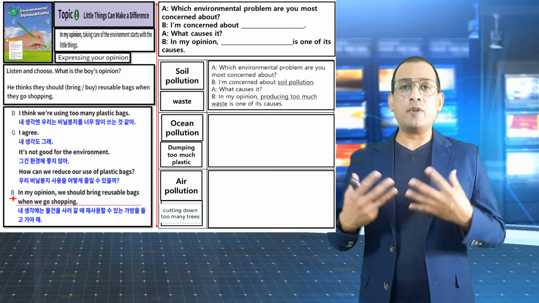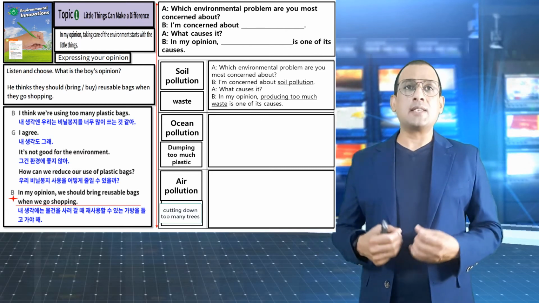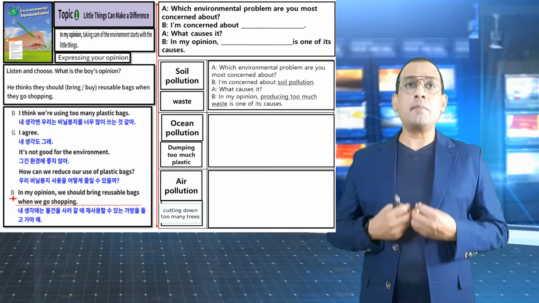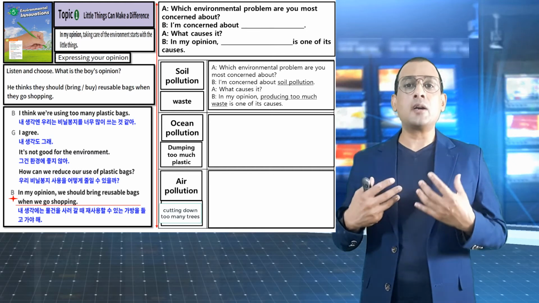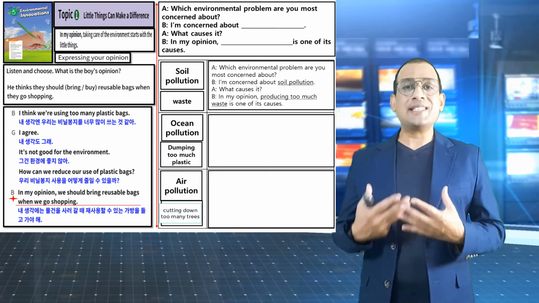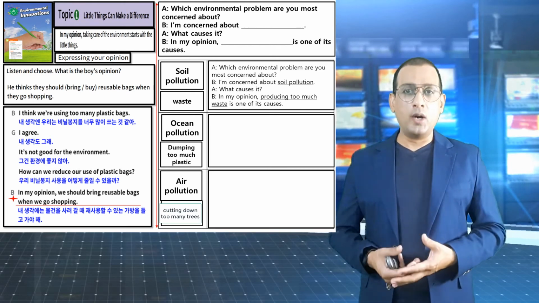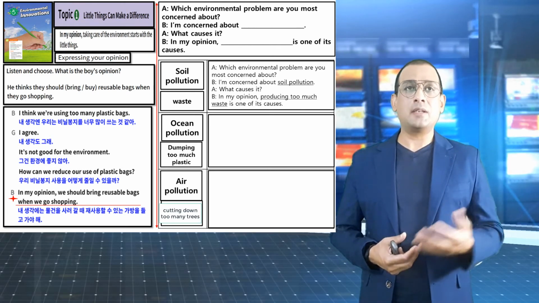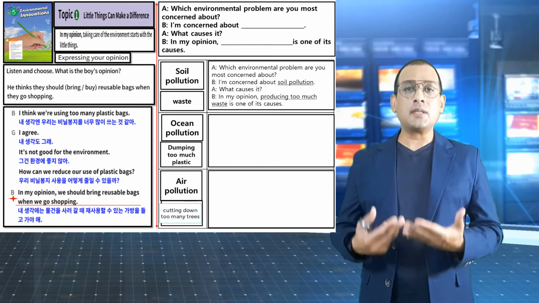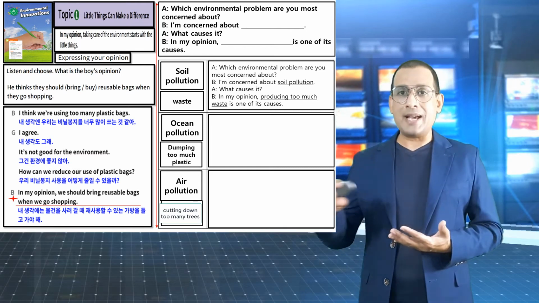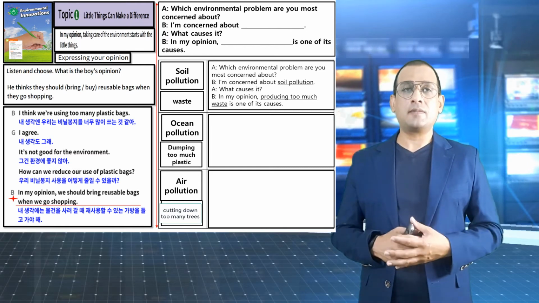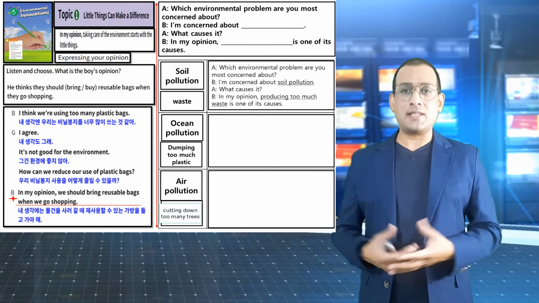So let me give you the example. It says, which environmental problem are you most concerned about? Concerned means worried. And B says, I'm concerned about blank. A says, what causes it?